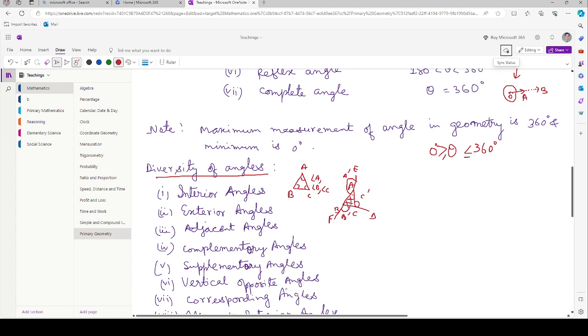Now, I am coming to adjacent angle. Which one is known as adjacent angle? It is very interesting.